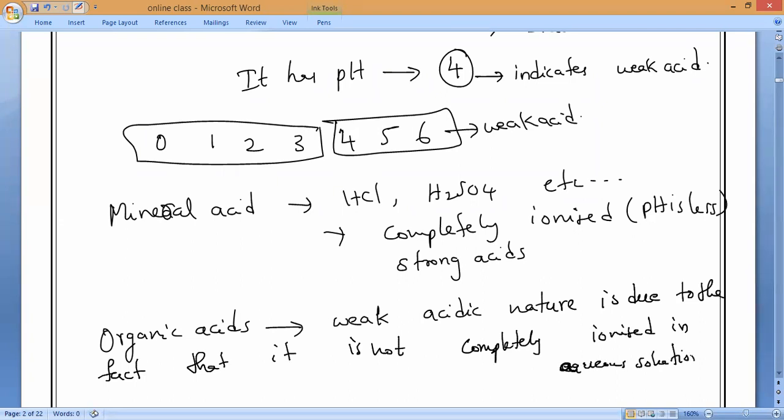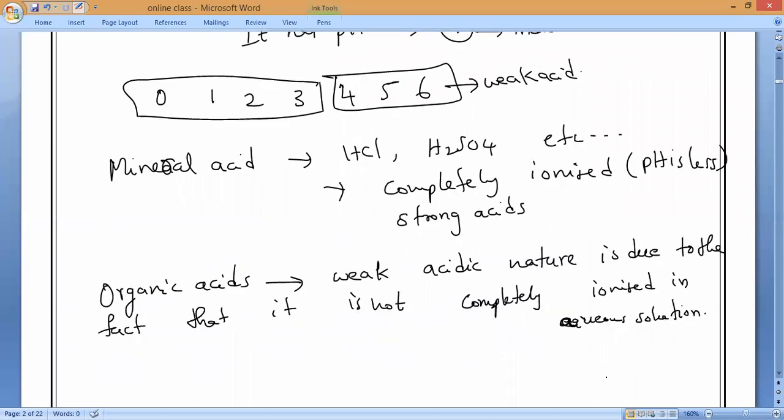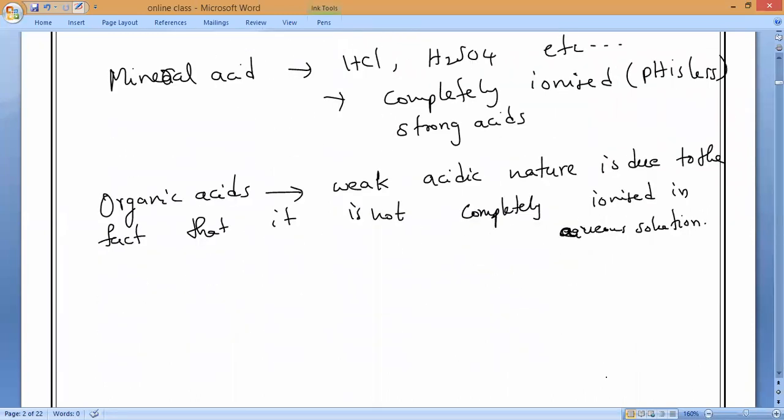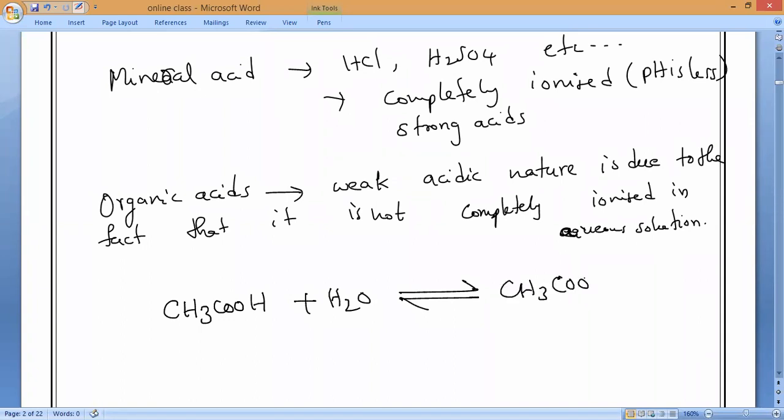Are you clear, everyone? Please respond. So acetic acid is a weak acid, so it will never form completely into ions. CH3COOH, when electrolysis is carried out, will not completely form ions.